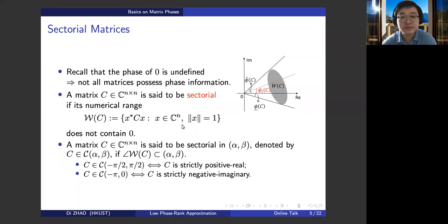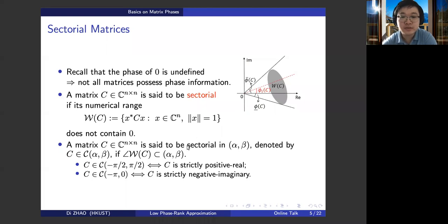This numerical range is a convex closed object on the complex plane, and here the gray part is the numerical range. With this convex object, before we introduce the definition of phase, we can go a step further to see what sectorial matrices really are, and make some connections to what we already know.